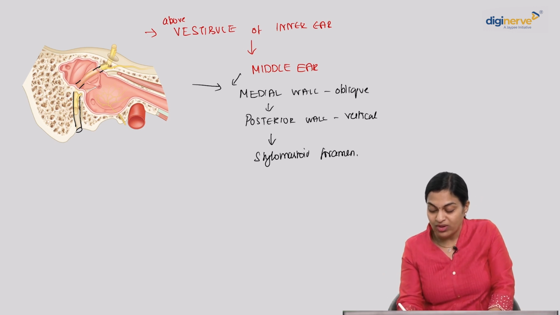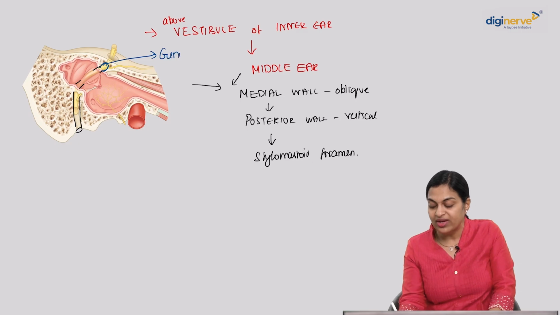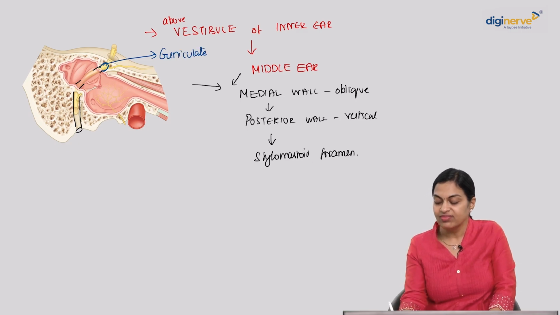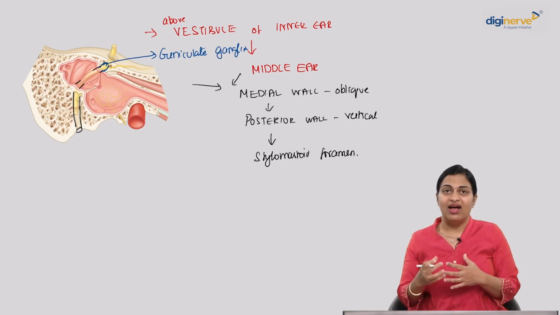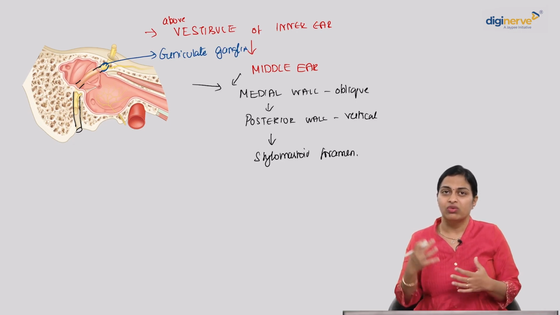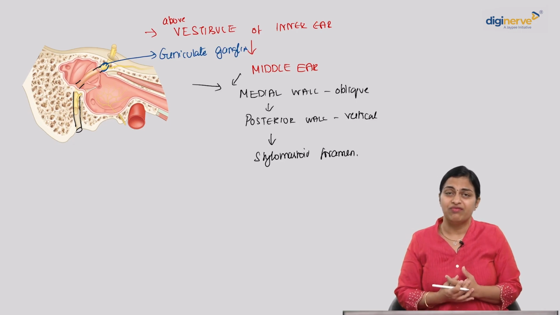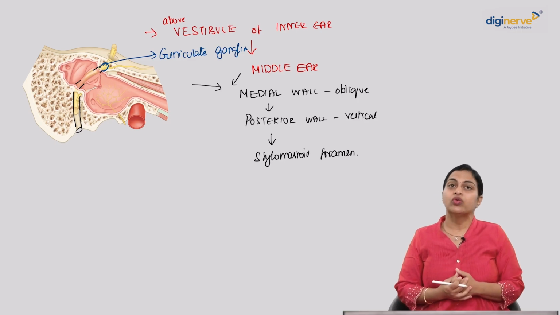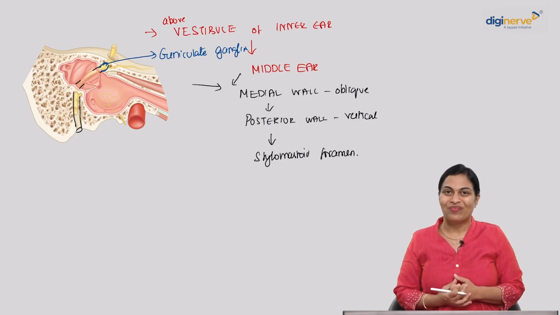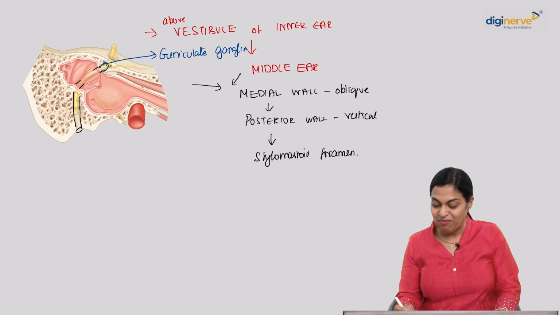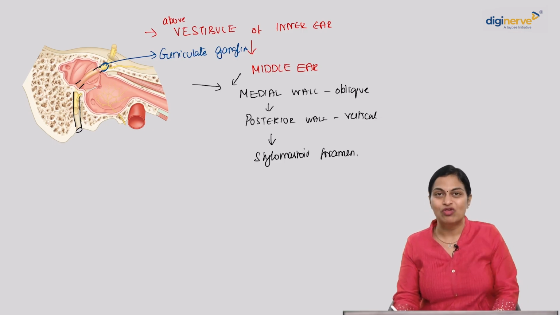Okay. Now, while it is within the ear itself, it is going to give rise to a few branches. Above the vestibule, this part that we see here is the geniculate ganglion. Okay. This geniculate ganglion will have neurons which are going to receive the taste sensation from the palatine glands through the lesser petrosal nerve. Remember that. And then remember the very first branch of the facial nerve comes from the geniculate ganglion.